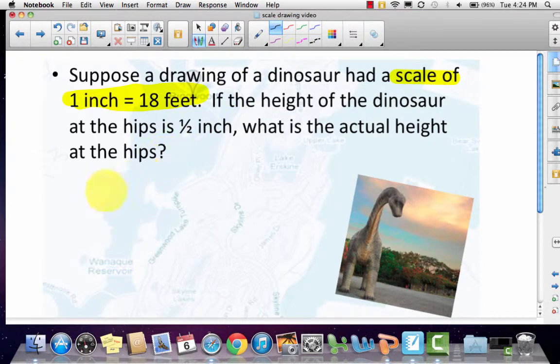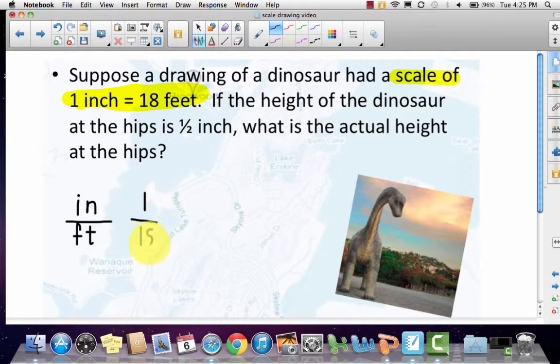So the first thing I do with my proportion is my labels. And since the units of measure are inches and feet, I'm going to set those up as my label. Keep in mind you could set them up in either order, with inches on the top, feet on the bottom, or reversed, as long as you follow your label all the way through the problem. And since the scale is 1 inch equals 18 feet, my first ratio will be 1/18.